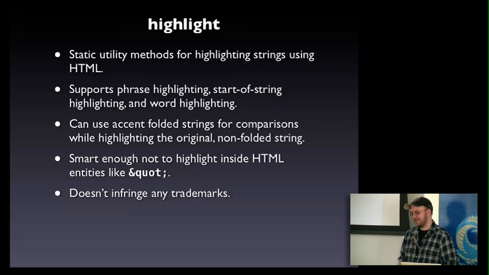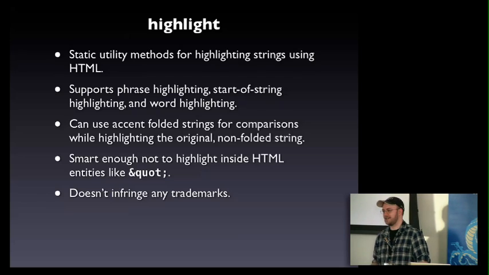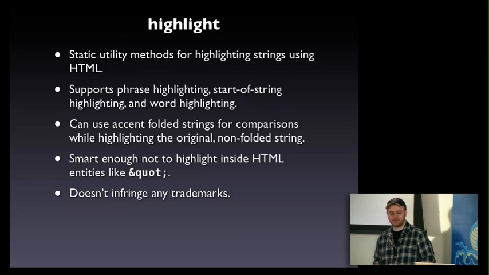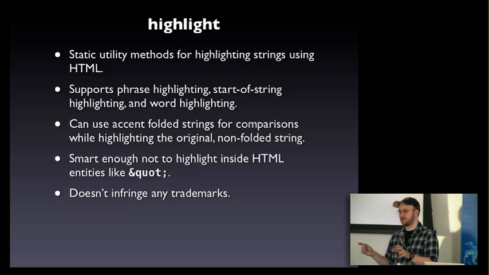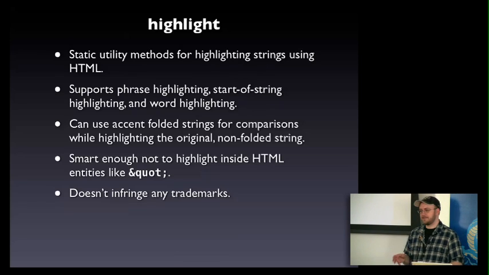So there's also a highlight module, and this is what performs all the highlighting behind the scenes for AutoComplete. It provides utility methods for taking a string and a substring, then highlighting that substring within the larger string using HTML. So you've got kind of like the filters that we saw before: phrase highlighting, start of string highlighting, word highlighting. You can do accent-folded comparisons for your highlighting.